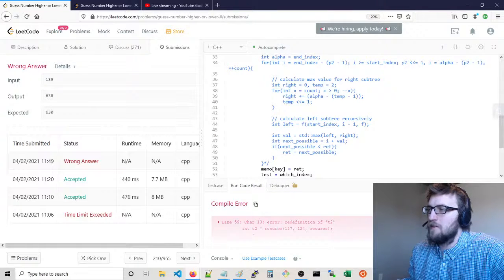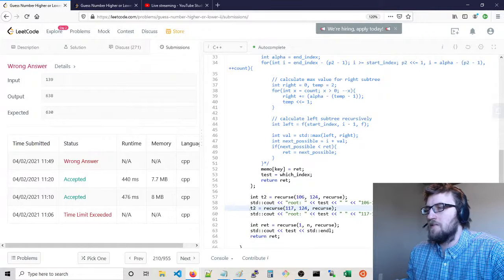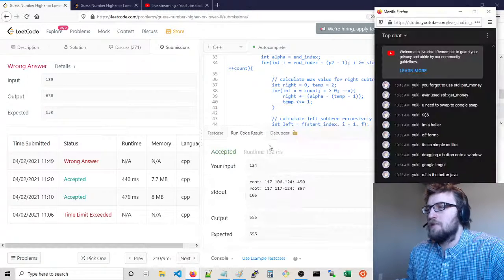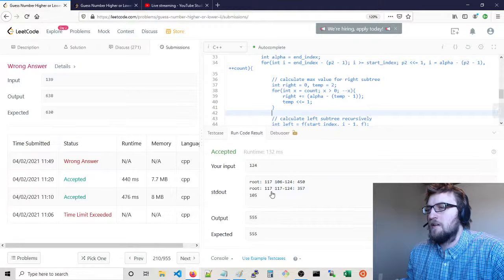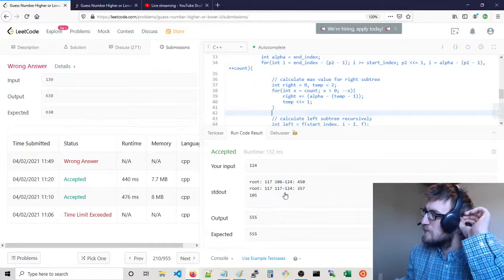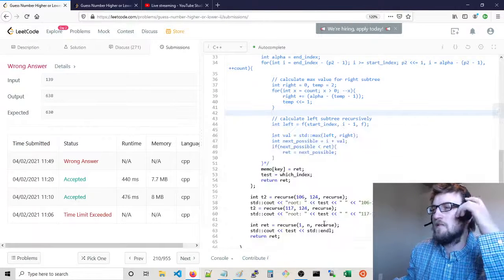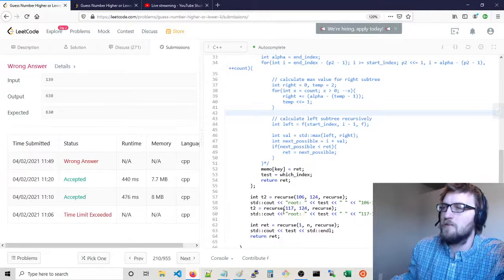That's going to be a compile error because it's declaring T2 twice. Wait, what?